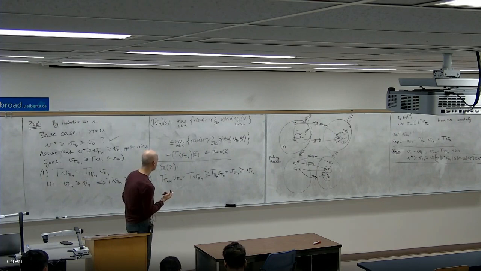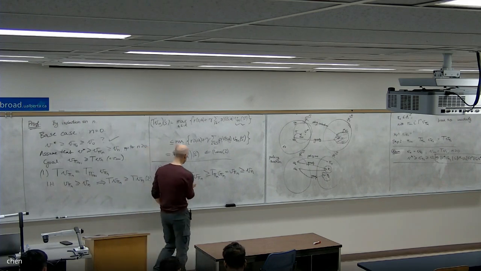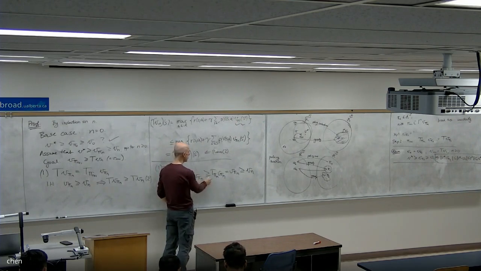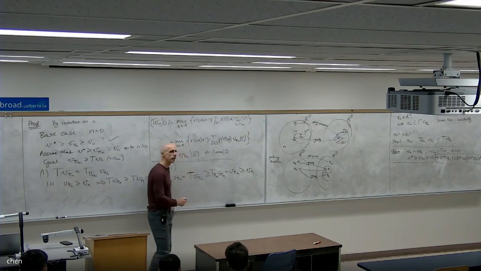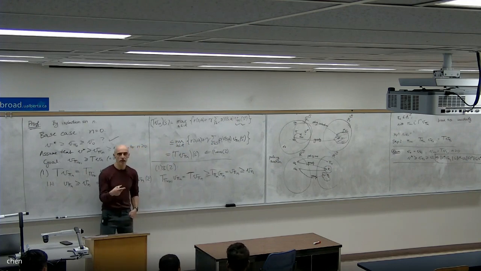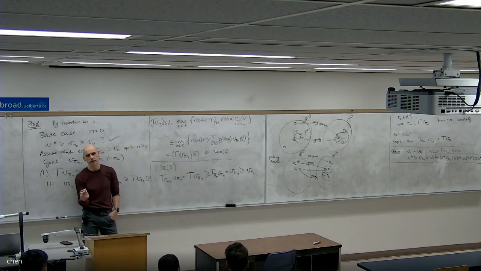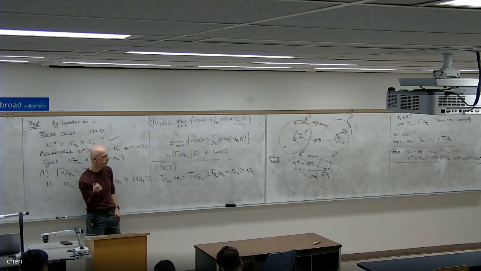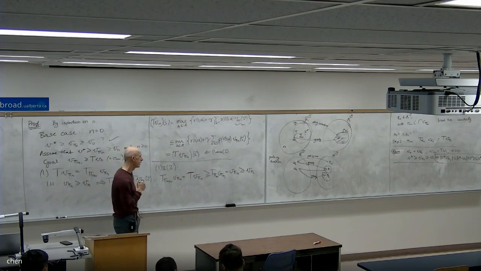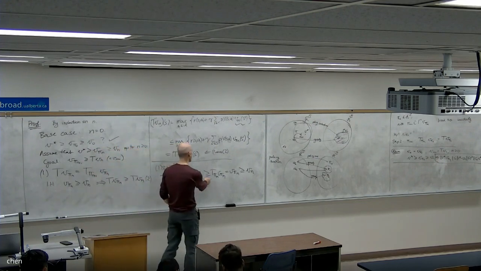We use some other ideas. If you apply this operator T to any function, it gives you larger values than if you apply T pi for any pi to the same function. The reason is that in the T operator, you have the max over the actions, and this other T pi operator just has some sum, and the max is always bigger than that sum. So this inequality holds because of that.